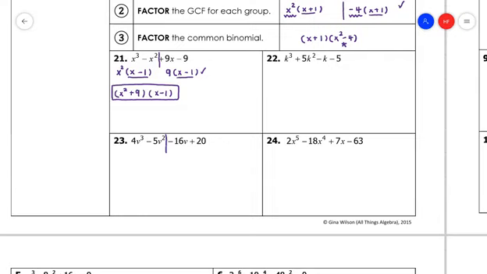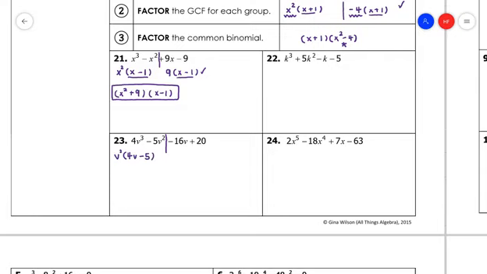We split the problem down the middle, we factor by grouping. So the common number between 4 and 5 is just 1. Then between v cubed and v squared, I'm going to take the smallest power out. I would still need to multiply by a 4 and another power of v to get back to 4v cubed. And then to get to negative 5v squared, I still need to multiply by negative 5.